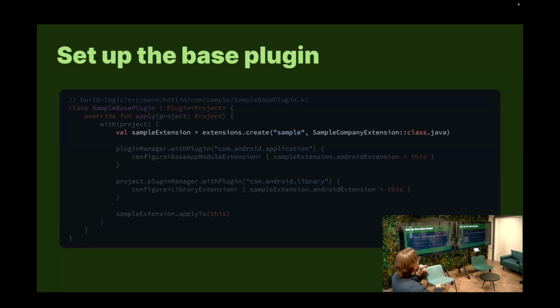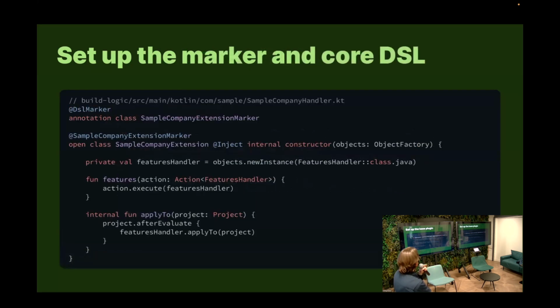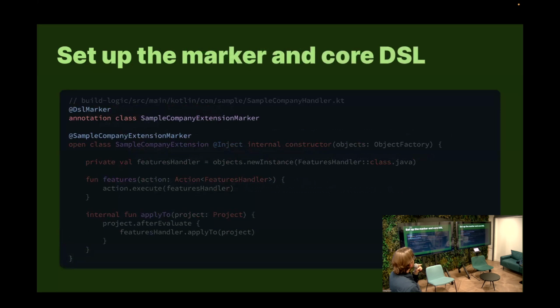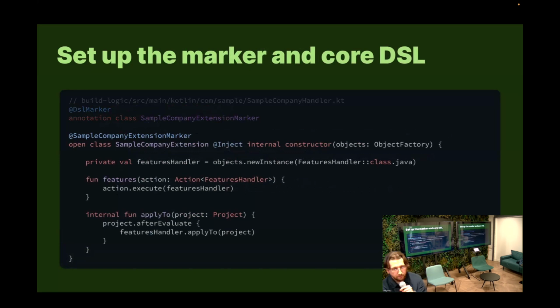In this case, sample. Then we create the marker, as I mentioned, the annotation. And after all, to the extensions later on, you have to make sure that annotation is there. And then we basically create the entry point to the features down below.